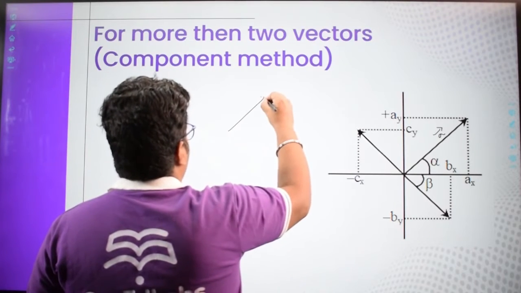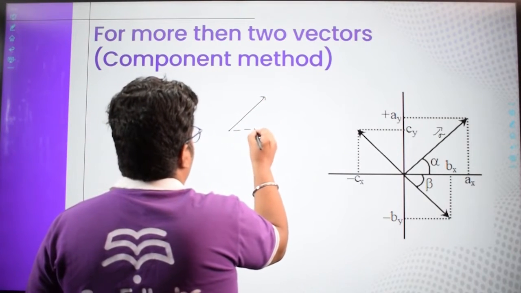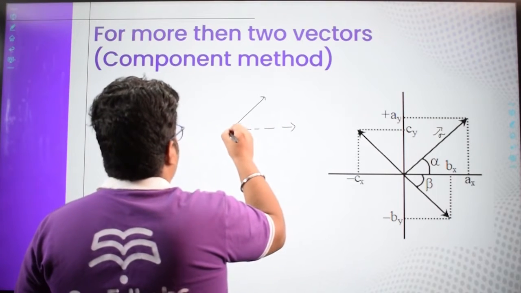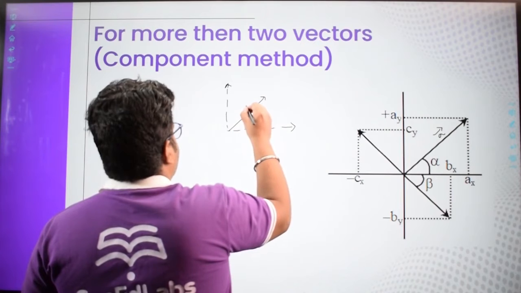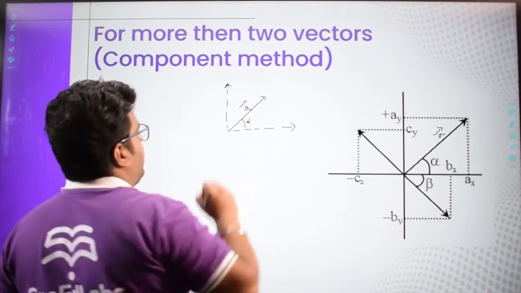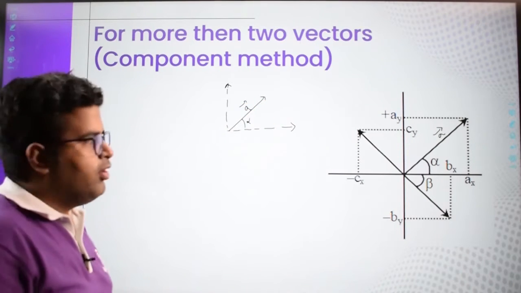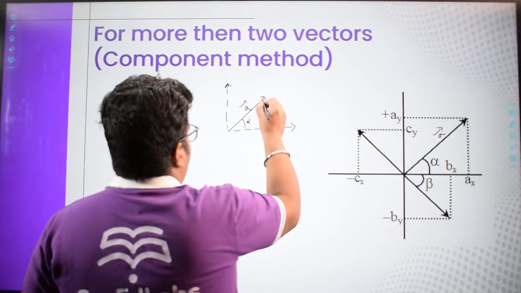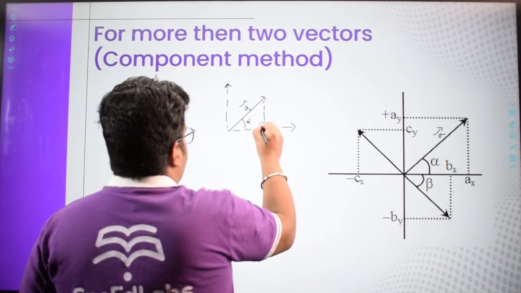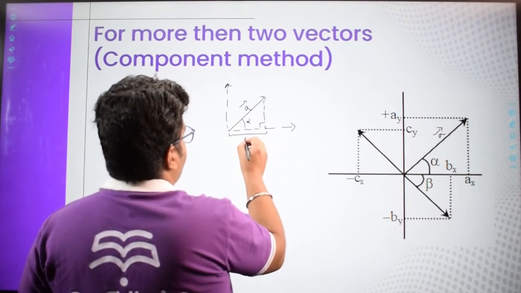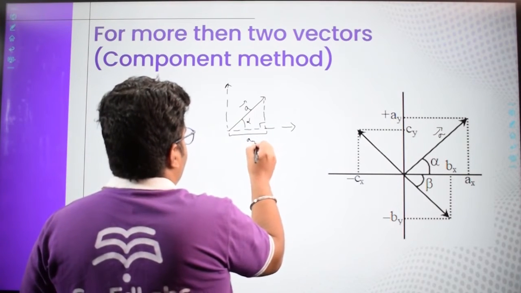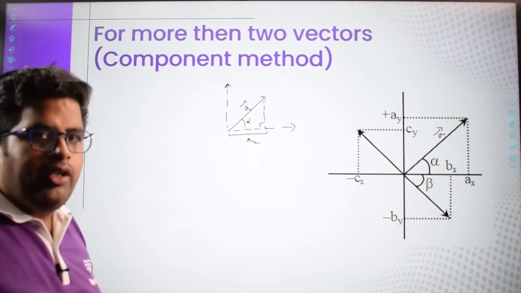Suppose we have an A vector which is making an angle alpha with the positive direction of the x-axis, right? This is the A vector, making an angle alpha with the x-axis. So if I ask you what is going to be its x component, I'll take this as Ax.